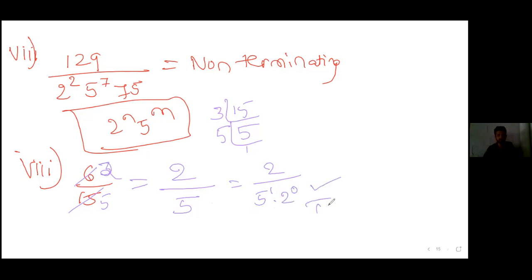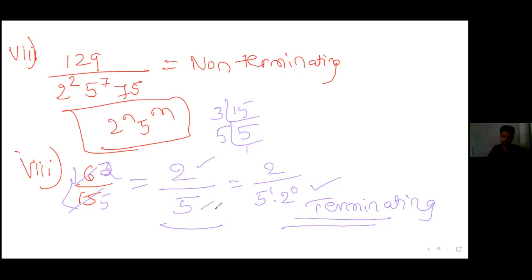This is clearly a terminating decimal expansion. Is that clear? You have to look at both the numerator and denominator. If there are some common factors that can divide both, then you have to simplify that. On simplifying, you clearly get 2 co-primes. 2 and 5 are co-primes because they do not have any common factors other than 1. If it is of this form, we can clearly say whether it is terminating or not.